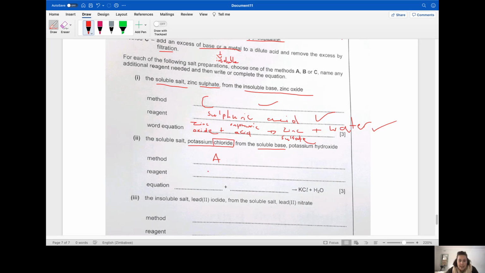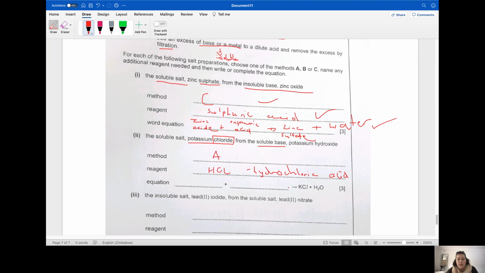Which acid has potassium chloride? Hydrochloric acid, or HCl. You could have also written hydrochloric acid. You have to be able to figure out what acid I am using from what my salt was.